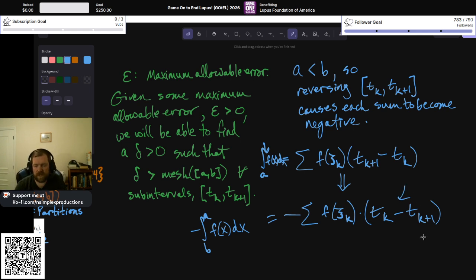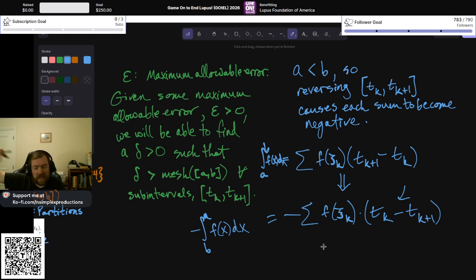So yeah, if we reverse the order of our t sub k and t sub k minus 1, that's what we're going to be doing for reversing the limits of integration as well. Then, because we reverse that inside of a subtraction problem, that kicks out the negative. So it's got to be picked up somewhere. It could be picked up with f, but that'd be really clumsy and awkward, especially since we need f of c sub k for doing its job with the function definition.